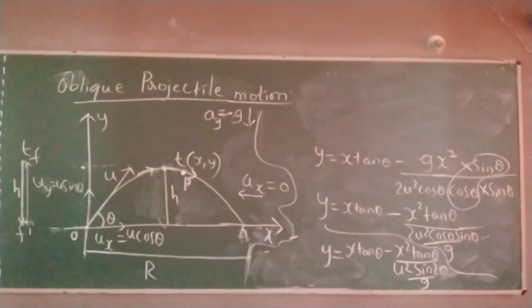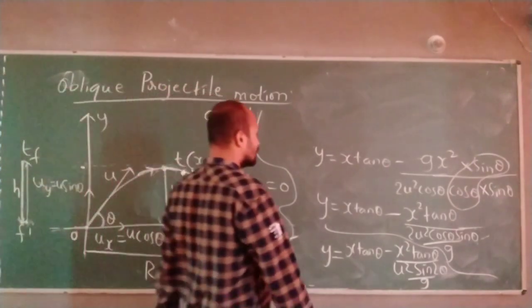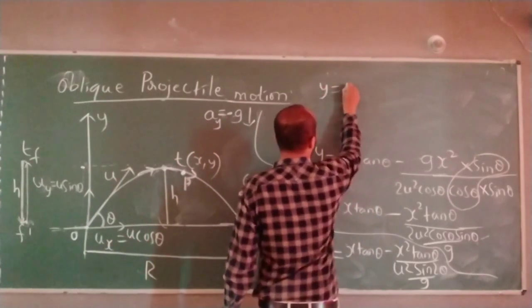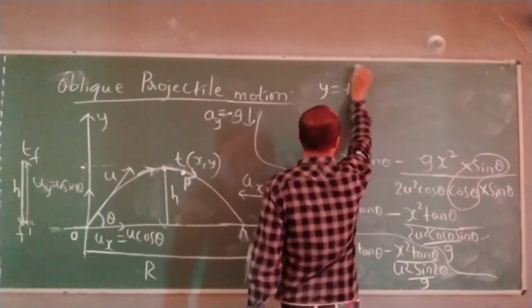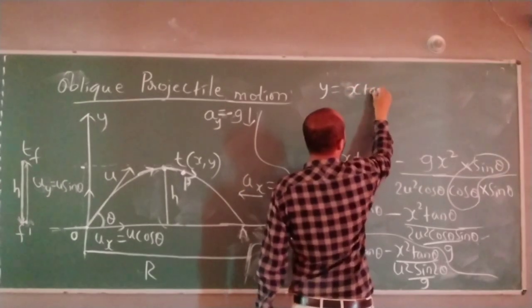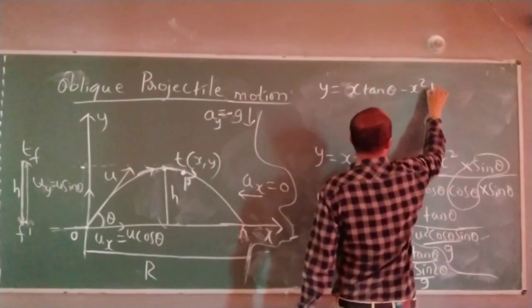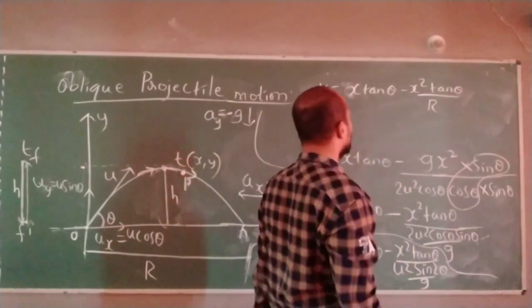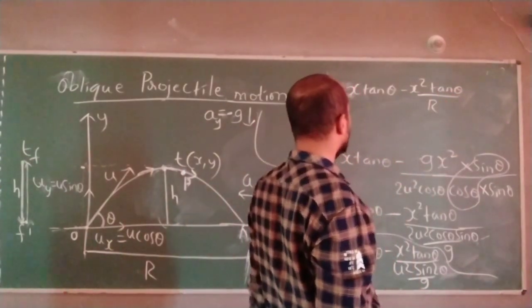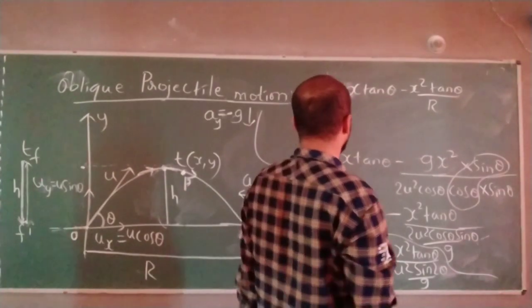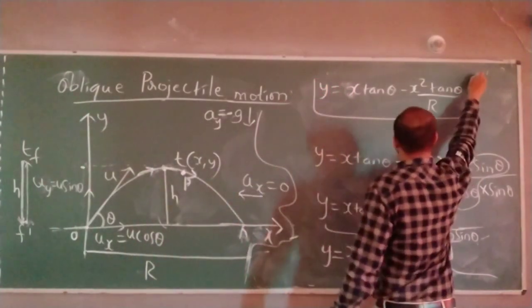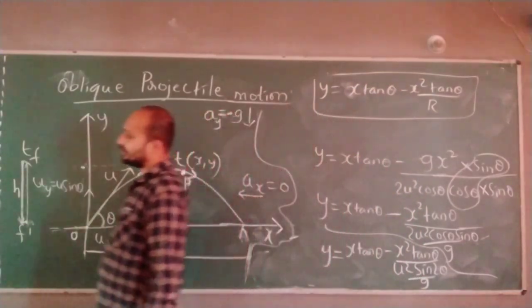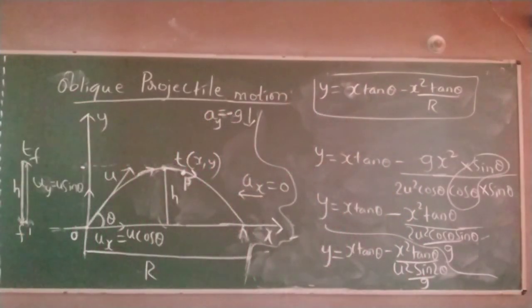You studied this, it is nothing but the range. y is equal to x tan theta minus x square tan theta divided by R. Are you understanding? Divided by R. This will be the standard, another standard, a very important trajectory equation. Rarely will it be used.